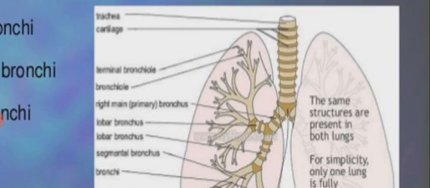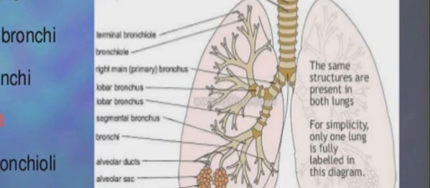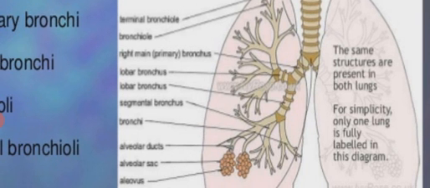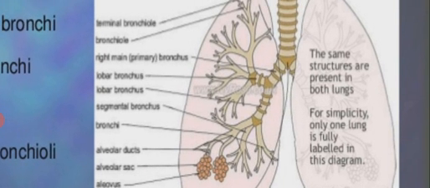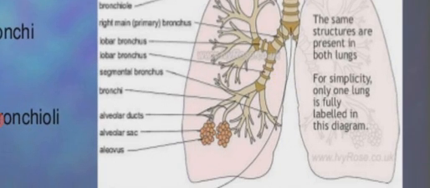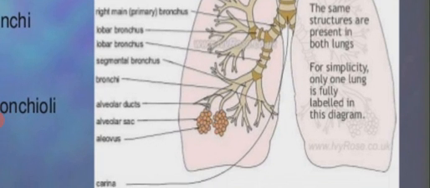After the right bronchus and the left bronchus penetrate the respective lung, they divide to produce anastomosing branches, wherein the first order branches are called primary bronchioles, as you can see here, and primary bronchioles lead to secondary, secondary to tertiary, and tertiary to the respiratory bronchioles, and respiratory bronchioles lead to the alveolar duct, and the alveolar duct leads to the alveolar sacs.